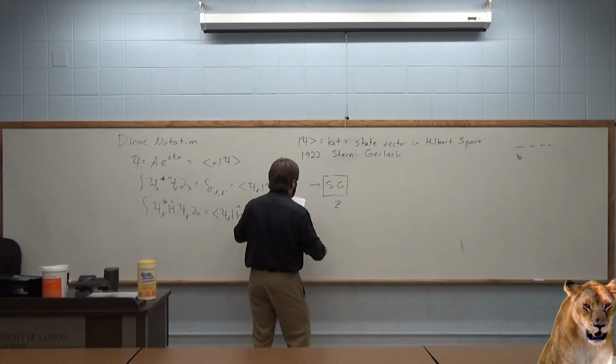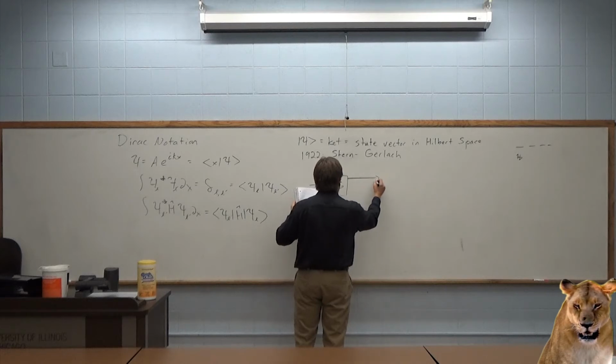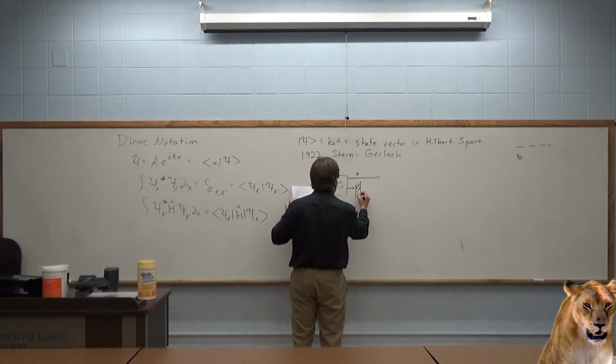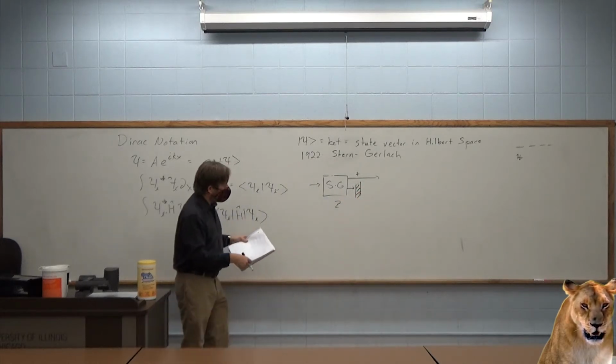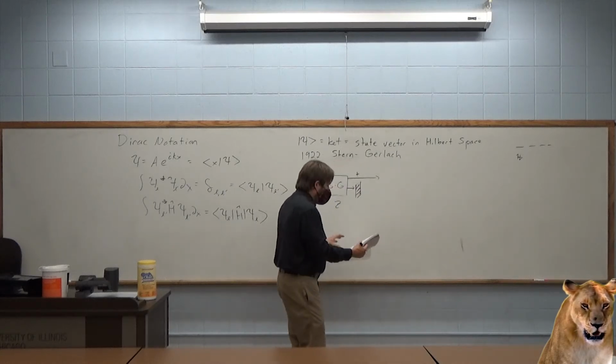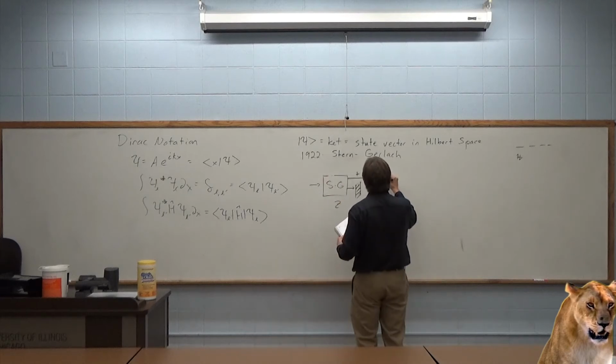Okay, so let's do a Z Stern-Gerlach, and Stern-Gerlach is the thing I just drew. So the plus goes through, the minus gets blocked. So that's what I just drew for you. Now if I do another plus Z, then the plus still comes through.